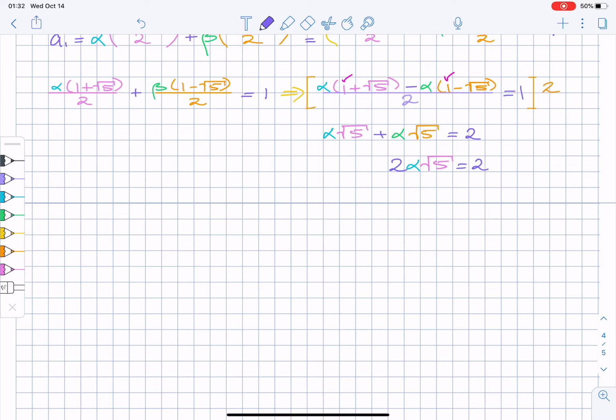So what am I solving for here? I'm solving for alpha. I claim that alpha, therefore, is going to be 1 over root 5. Agreed?